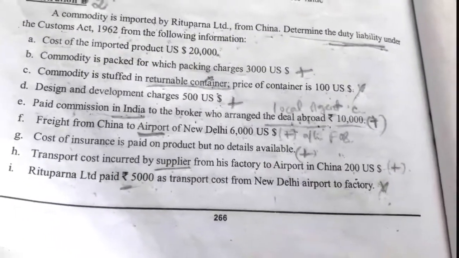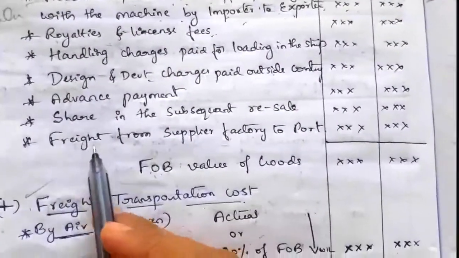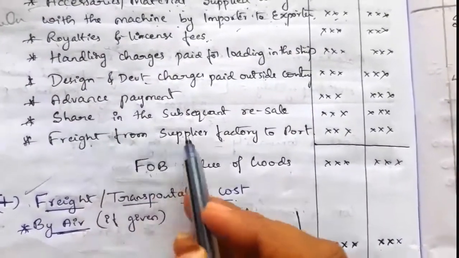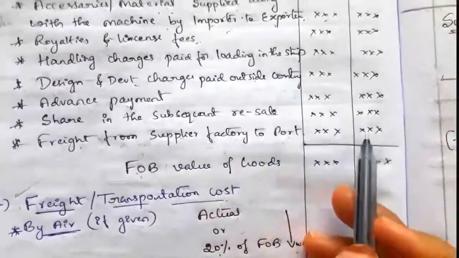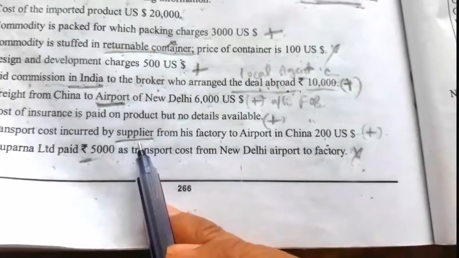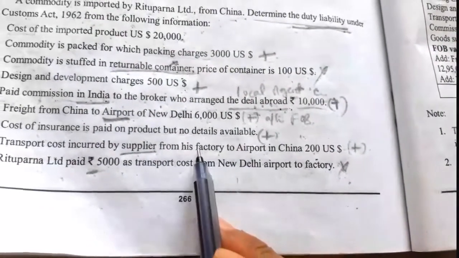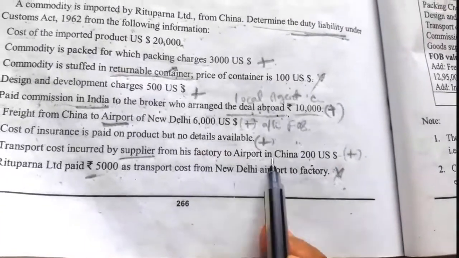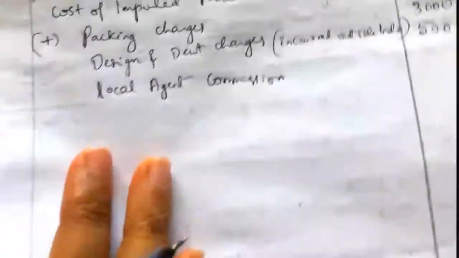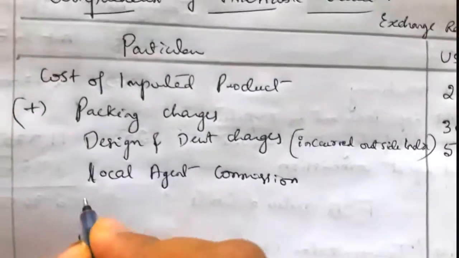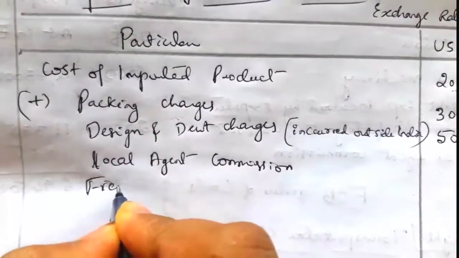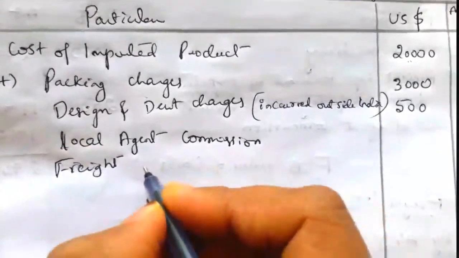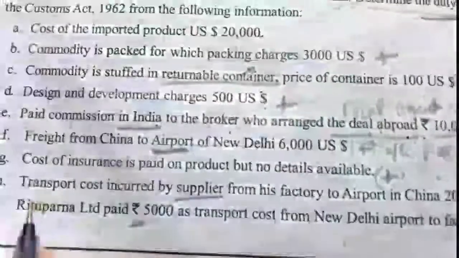Then the transport cost incurred by the supplier, the exporter, from his factory to the airport. So the transport cost from the supplier's factory to the port we have to add. It is the expense incurred by the supplier from his factory to the airport, so we have to take it. Sorry, freight or transport cost are one and the same.